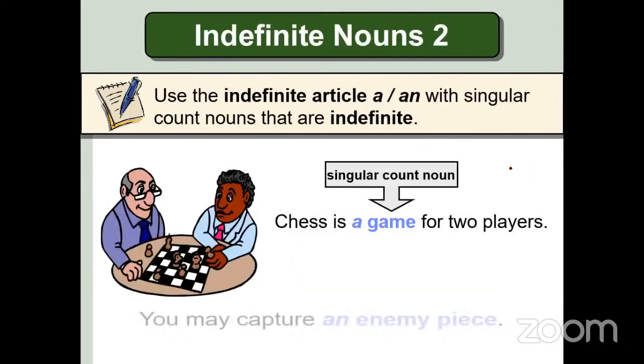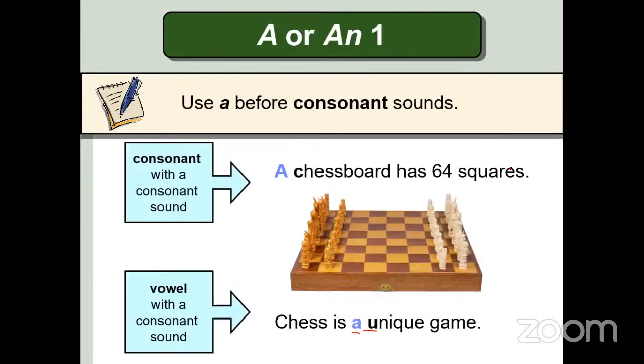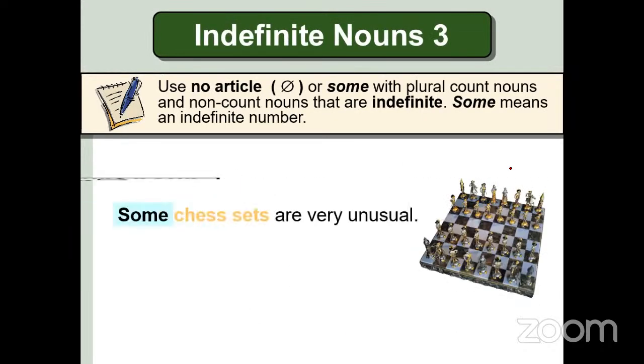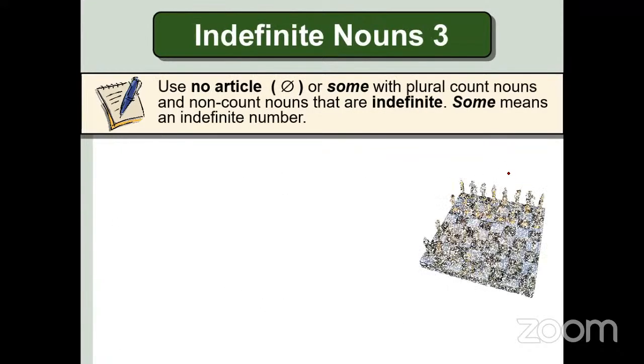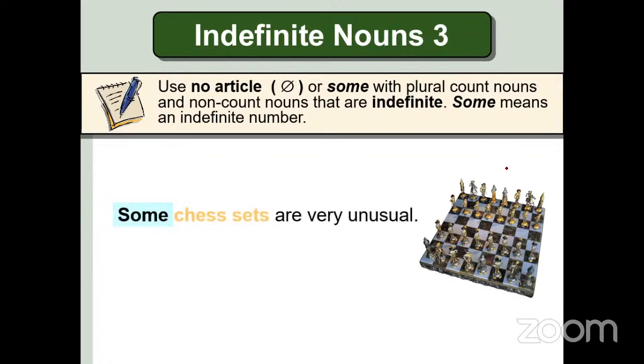Okay, sorry. Well, also we sometimes use no article or some with plural count nouns and non-count nouns that are indefinite. Some means an indefinite number, some we don't know, right? Some chess sets are very unusual.